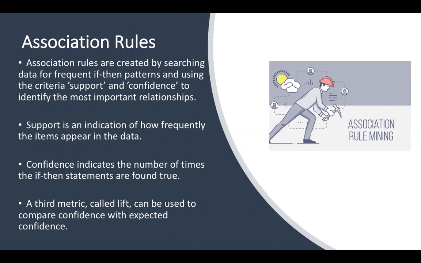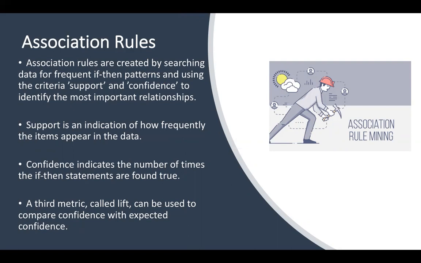The support is an indication of how frequently the items appear in the data. On the other hand, confidence indicates the number of times the if and then statements are found true, and the lift can be used to compare confidence with the expected confidence level.